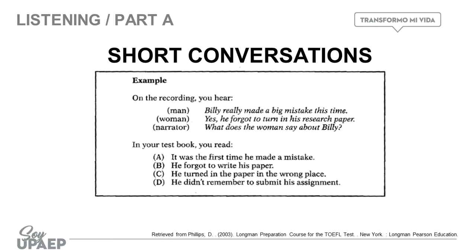In this specific case, we are dealing with synonyms, but in different situations, different topics can be dealt with. For example, "didn't remember" is a synonym for "forgot." "Turn in" is a synonym for "submit." An assignment is a synonym for research paper. That's why the answer is letter D.